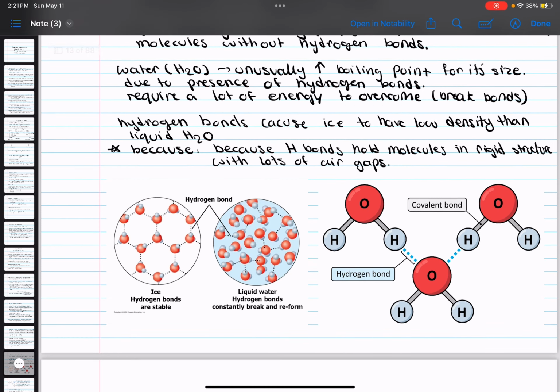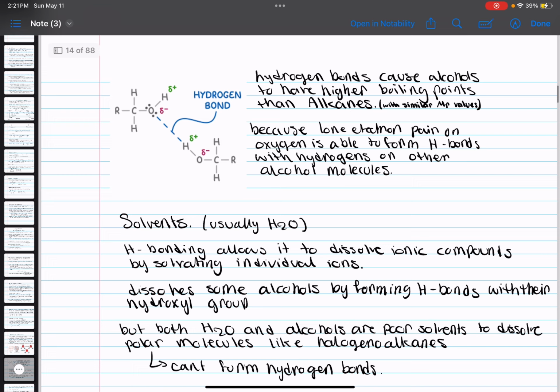Hydrogen bonds cause ice to have lower density than water, although it's the solid, which should have had more density. This is because H bonds hold molecules in a rigid structure with lots of air gaps, so they're more separated, therefore lower density.